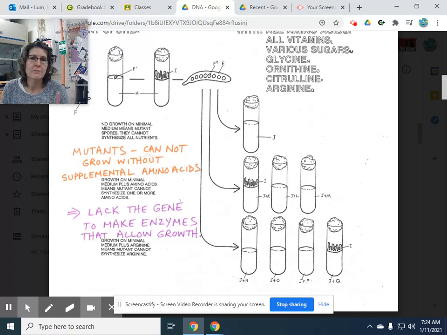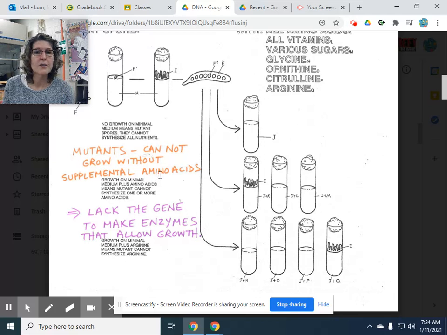If you lack the gene to make the enzymes, then you can't allow that particular growth. So if you don't have that segment in your DNA that says, hey, this is how the code goes together in order to make that, then we're not able to go through and do it. So they'll lack the gene to make the enzymes to allow that particular growth.